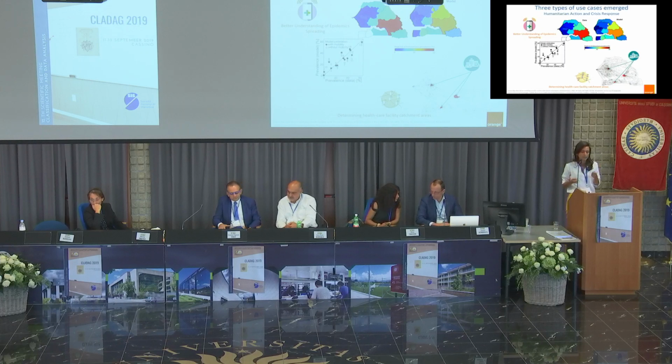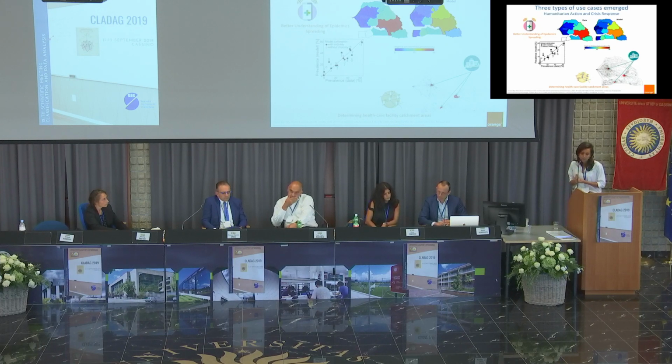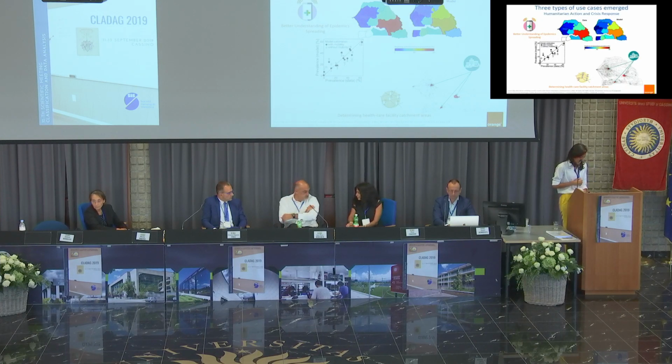Because we know that human mobility is one of the main factors that impact the diffusion of an epidemic, so the spatial diffusion of the epidemic. So we can use mobile phone data to integrate this kind of information in more traditional epidemic models, and so we can have a better description of the epidemic, to better address the epidemic itself.